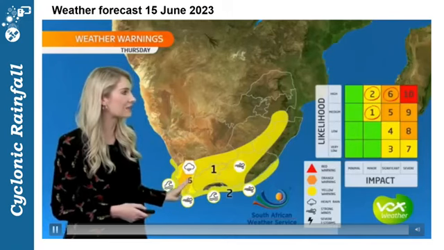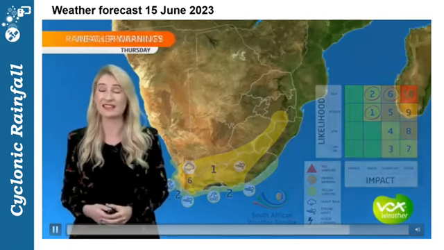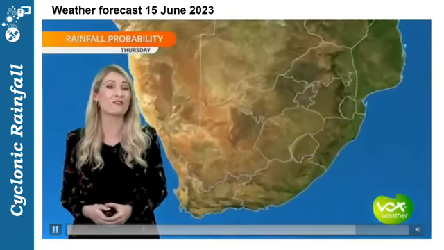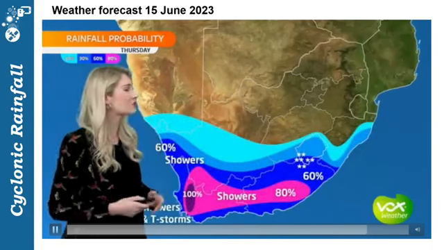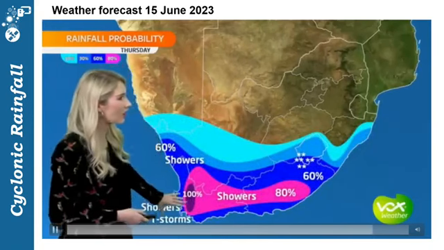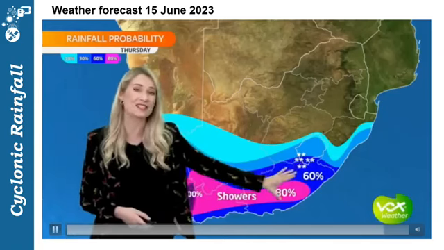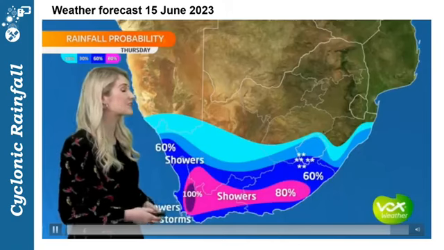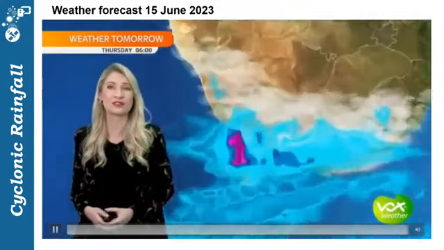And we still have that level 6 orange warning in place, where more heavy rainfall is likely leading to widespread flooding in parts of the Wineland, city of Cape Town and surrounding areas. This is what you can expect on Thursday. Scattered to widespread showers in the Western Cape, over the Karoo, along the southern coastline and the Eastern Cape. And we are expecting disruptive snowfall throughout Thursday over the southern Drakensberg as well as parts of Lesotho.